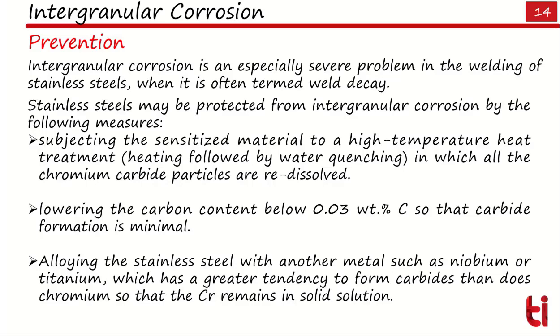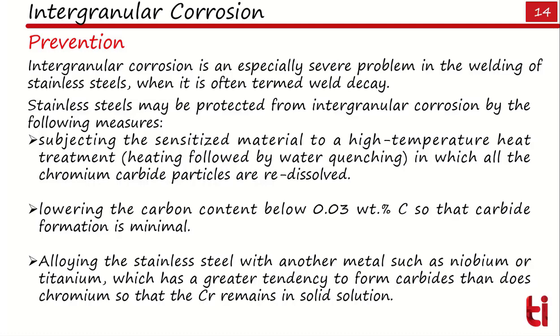Now we are discussing how one can prevent the intragranular corrosion. This kind of corrosion is severe in the welding of stainless steels, where it is often termed as weld decay. Stainless steel may be protected from intragranular corrosion by using the following measures.